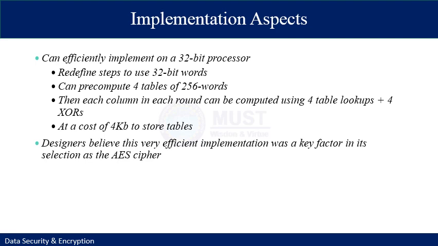Then each column in each round can be computed using 4 table lookups plus 4 XORs, because we are using the 4 tables in the 32-bit case. That means 4 tables of 1 KB each, at a cost of 4 KB to store the tables. Designers believe that it is a very efficient implementation and was a key factor in its selection as the AES cipher.